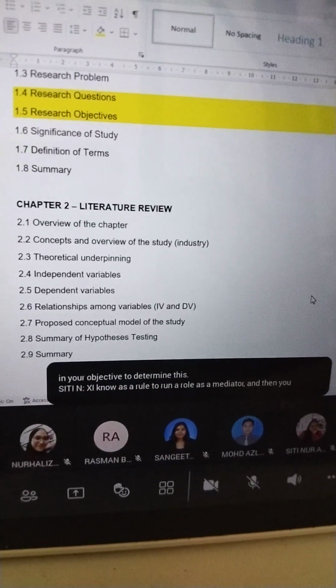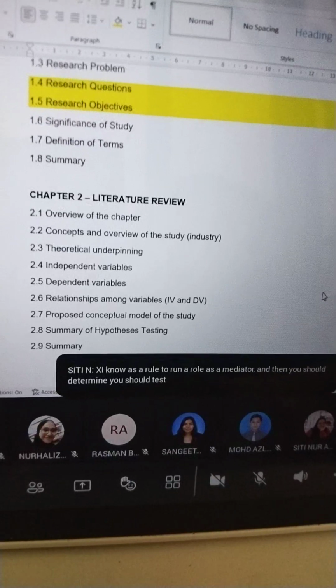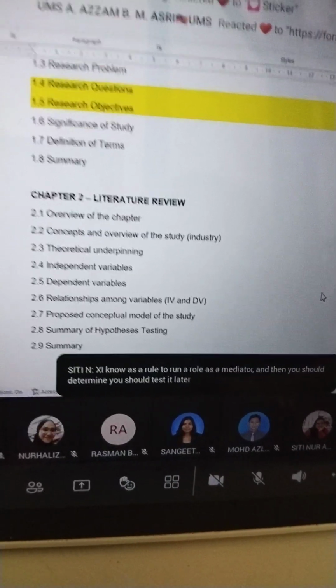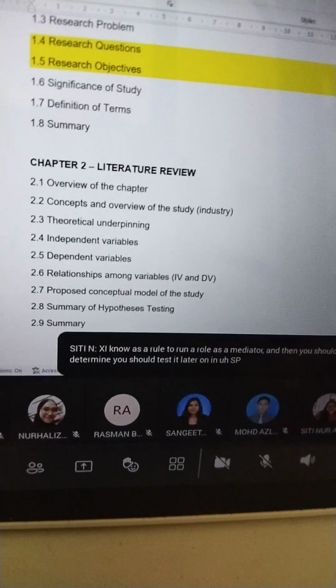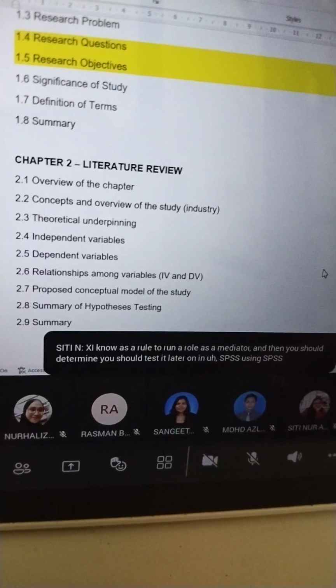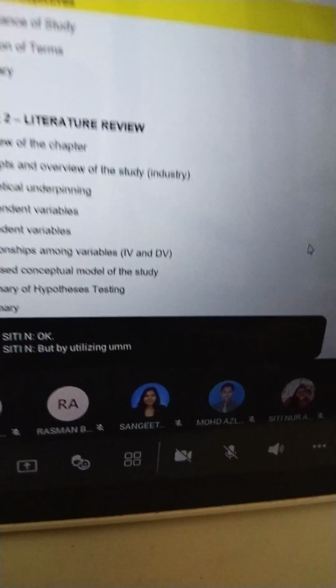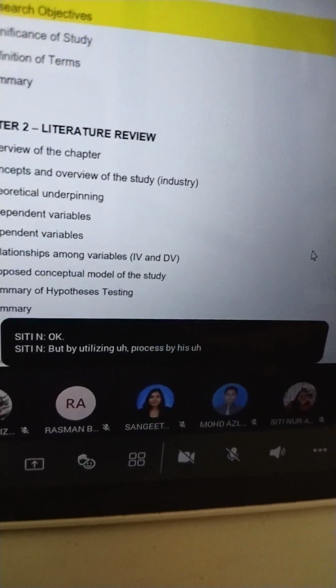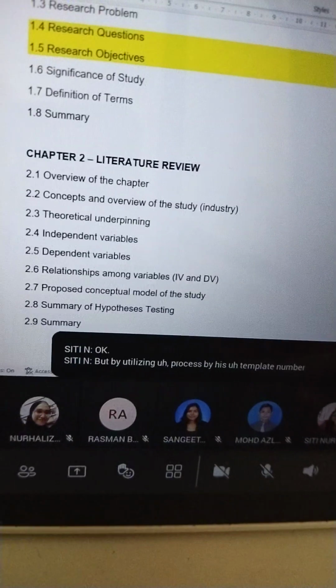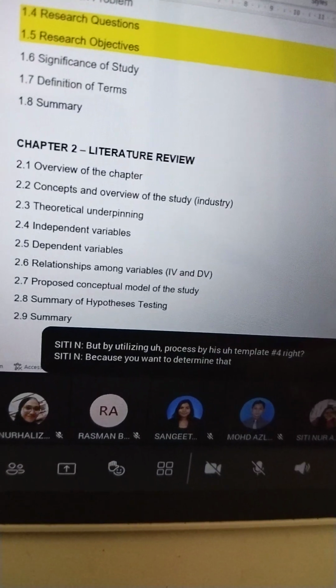And then you should test it later on using SPSS, by utilizing the PROCESS by Hayes, template number 4, because you want to determine that role.